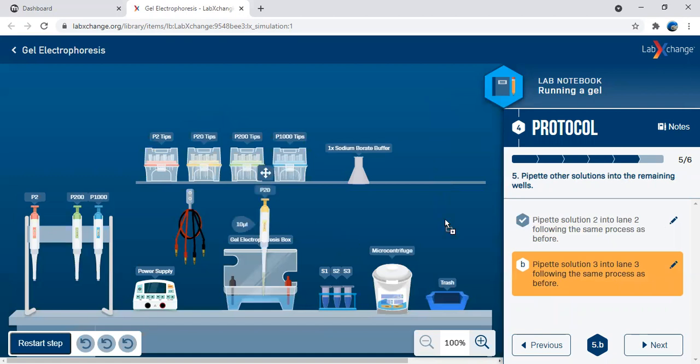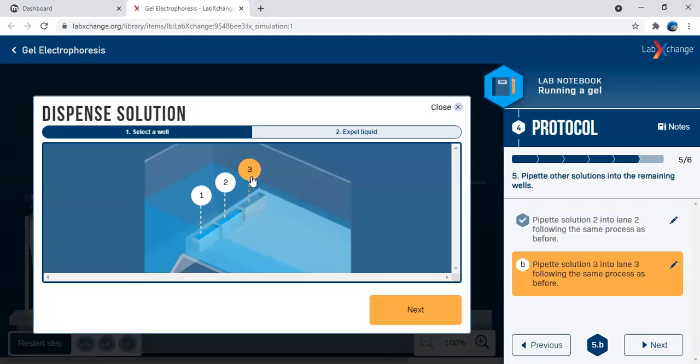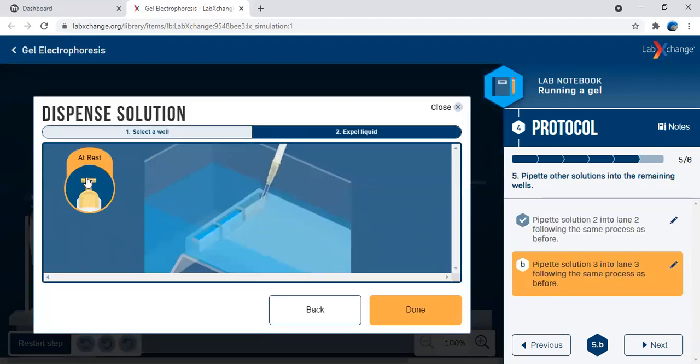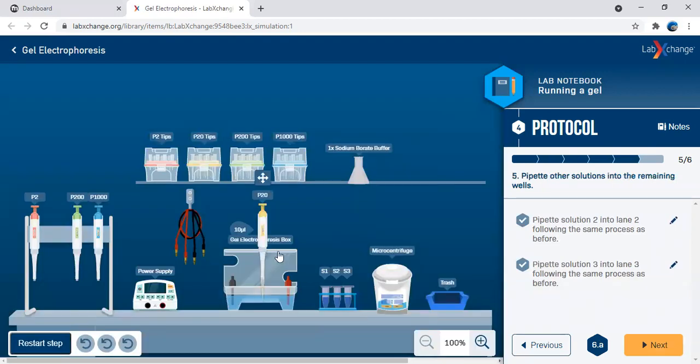Done. Going to select another tip. Close it. Solution 3. Put the micropipette back.